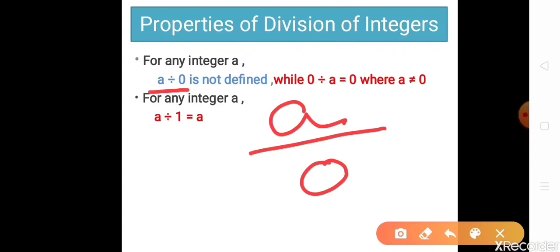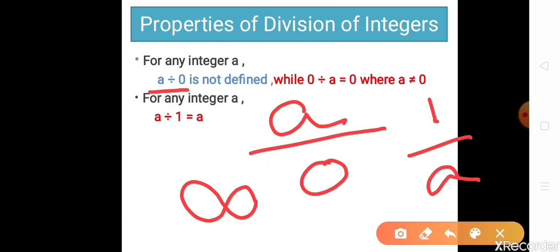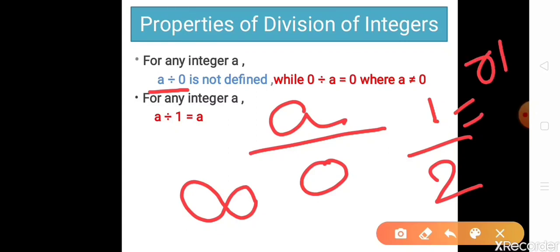And if I ask you the possible opposite in mathematics of 0, it is not a number, it is infinite. And what is the meaning of infinite? Countless, right? Now, whenever we are writing any digit in the denominator, it can be anything, it can be 0, it can be 2, it just denotes the opposite of 2, or say the inverse of 2.